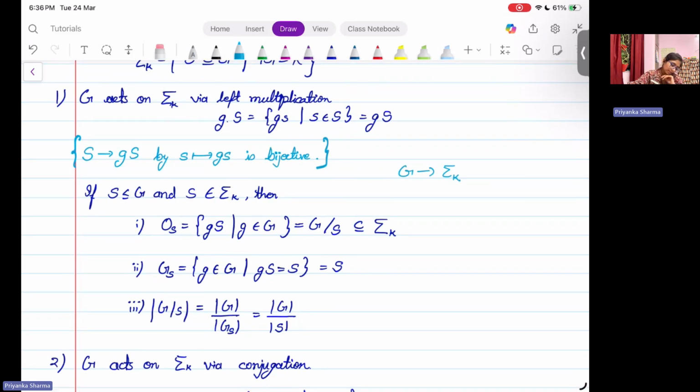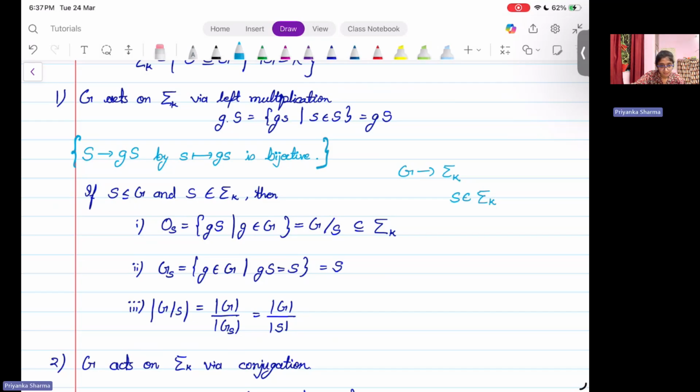And we pick an element S in this set sigma k. So we define the orbit of this element S. The orbit of S will be g dot S, and that is the same as gS. So what is gS?